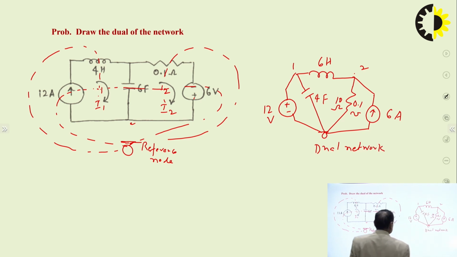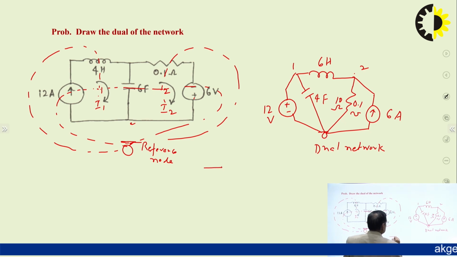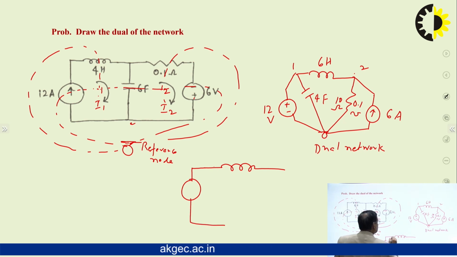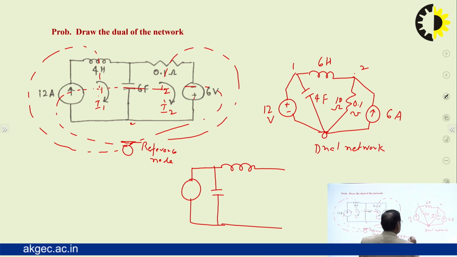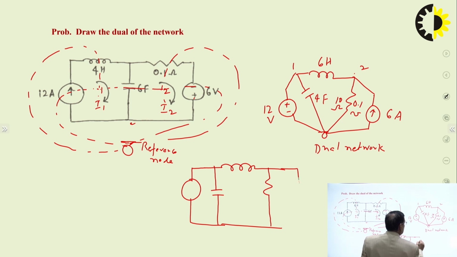So we can draw it like this. This is your voltage, this is your capacitance, then this is 6 ampere, it is 0.1 mho, or you can write 10 ohm.